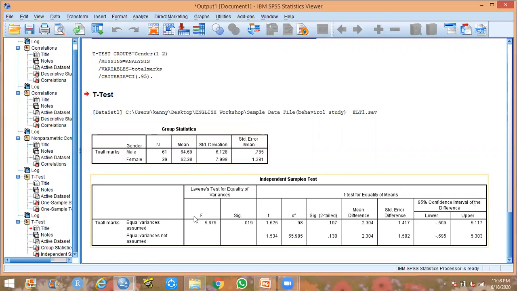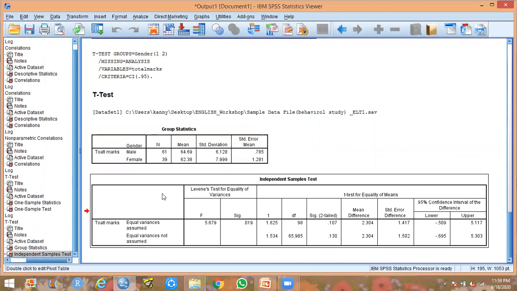Now here we have two different test procedures, the F test and the T test. The T test will give you the significant difference between the mean marks of the boys and girls. Now the F test statistic, please have a look here.